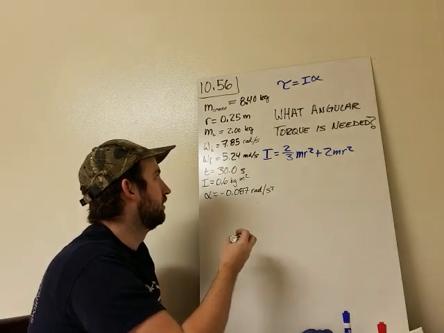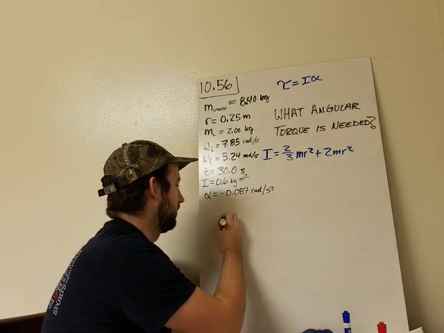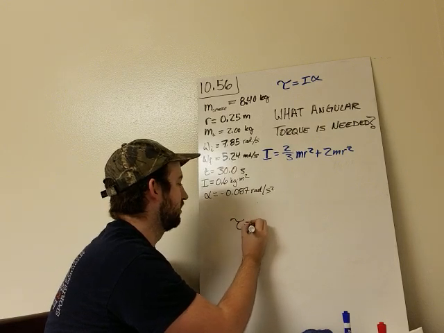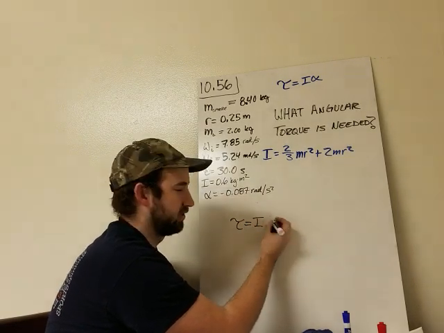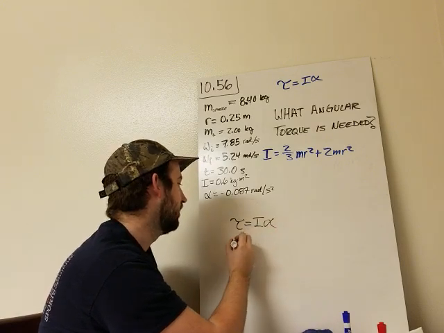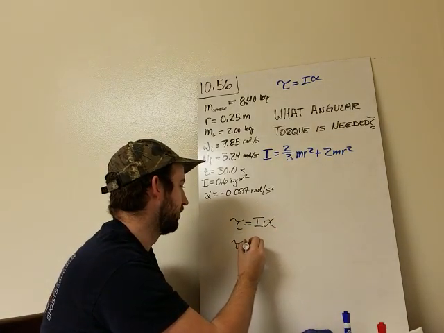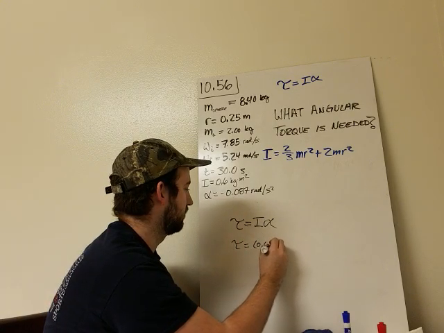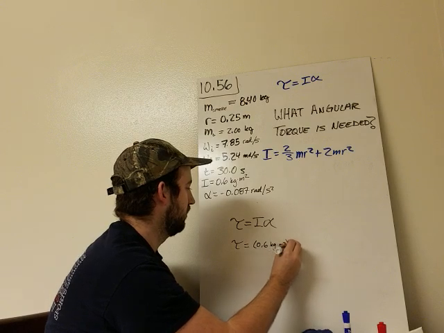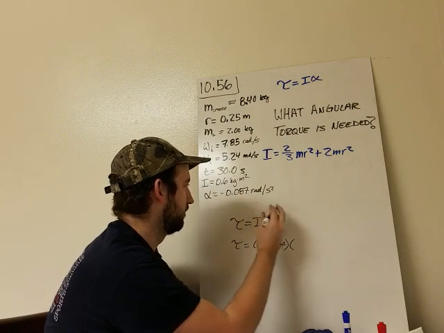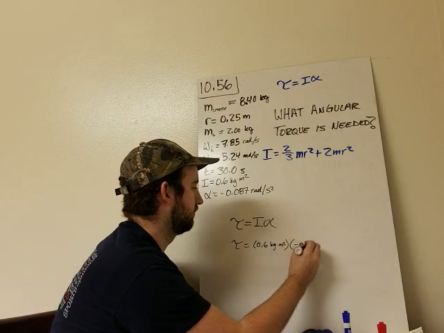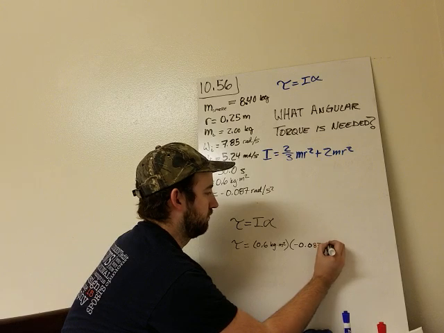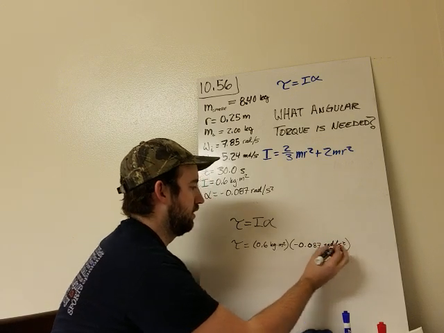And so we know from up here that the torque is equal to I, which is the moment of inertia, times the angular acceleration. Since we've found both of those, it's going to be 0.6 times our negative 0.087.